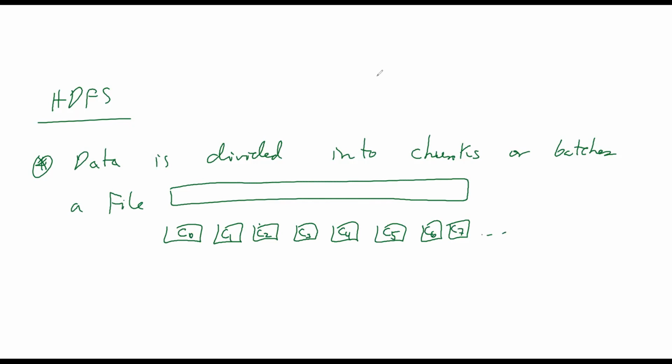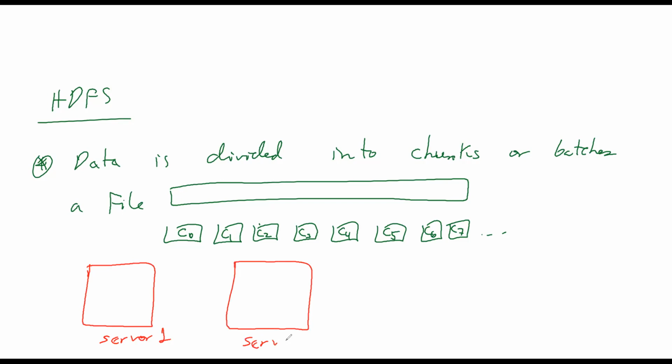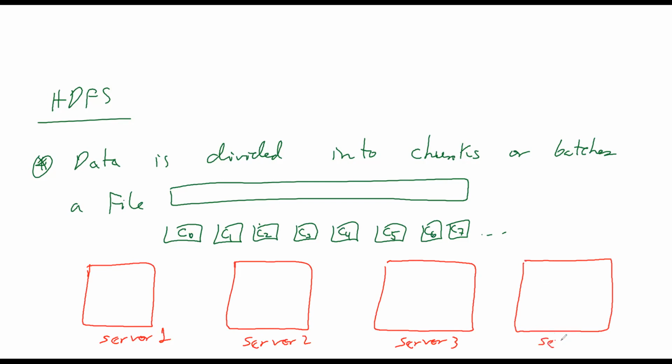Now you're going to distribute this across multiple servers. So these are the servers: server 1, server 2, server 3, server 4, or n, however many.